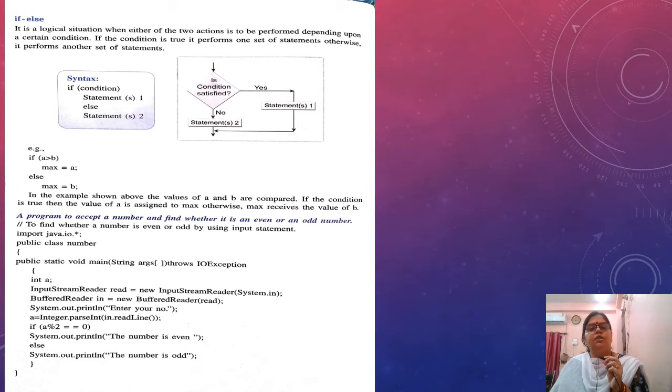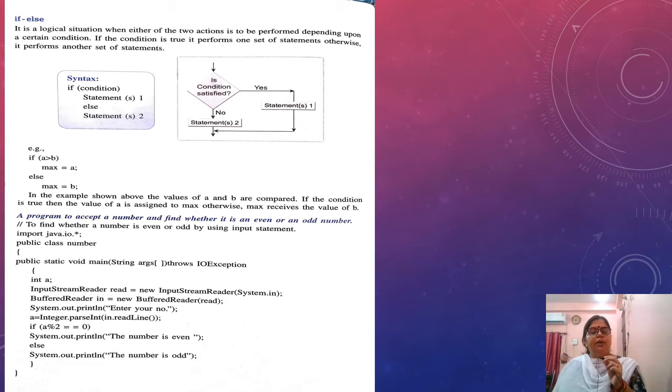For example, if a is greater than b, then maximum is a, otherwise we give b as the maximum number.